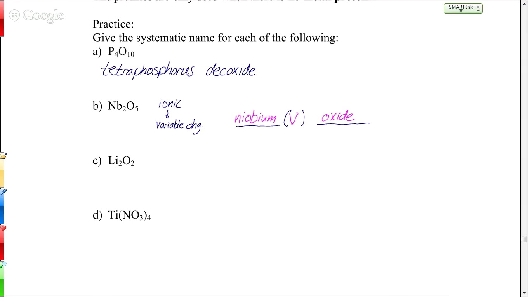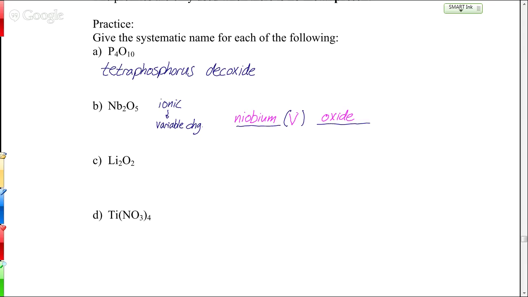So this compound, Nb2O5, is not actually a truly ionic compound because of the intricacies of how that bonding works. And if you want to talk about that sometime, we can. But we still name it in that way, so we can pretend it's fully ionic for our purposes of naming.